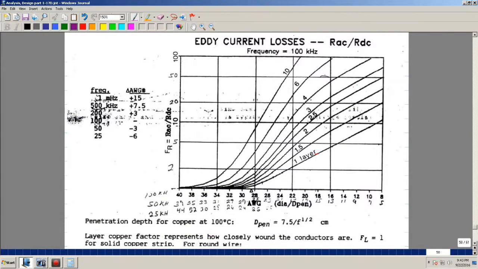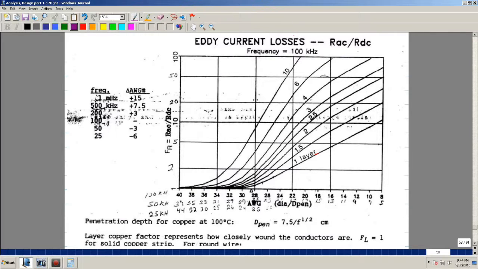Now I have a very unique Dowell plot. I haven't seen another one quite like this, but this is a great plot. It's very intuitive. Let me go ahead and explain this. It's a really neat Dowell plot, and you can use this to calculate power losses.